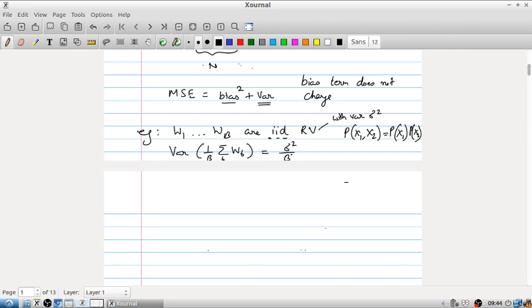To see that, the variance of independent random variables just splits. The variance of w1 plus w2 is the variance of w1 plus the variance of w2, and if you have a coefficient 1 by B, then it comes out as 1 by B square. So let me expand this. It's the variance of the sum over b, where each term has a coefficient.